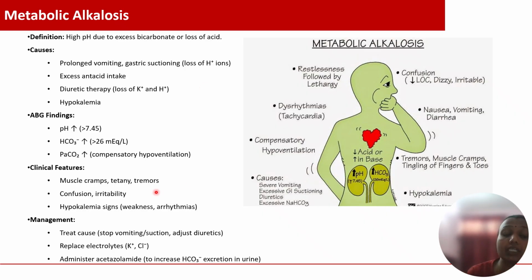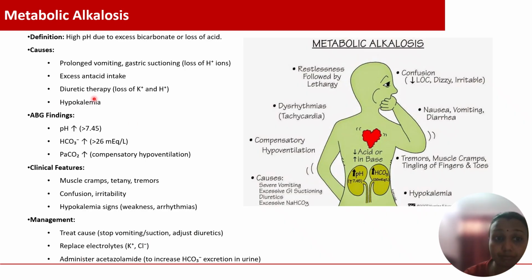For the treatment part, we need to treat the underlying cause, that is prolonged vomiting. For that, we stop the vomiting. If suctioning is the reason for the alkalosis, we need to stop the suctioning. If diuretic therapy is the reason for the metabolic alkalosis symptoms, we have to adjust the diuretic therapy and replace the electrolytes.